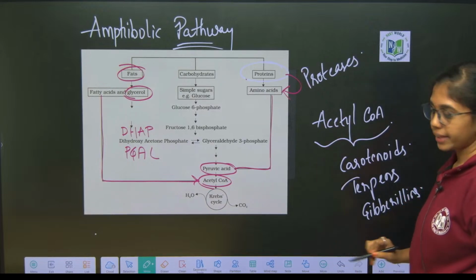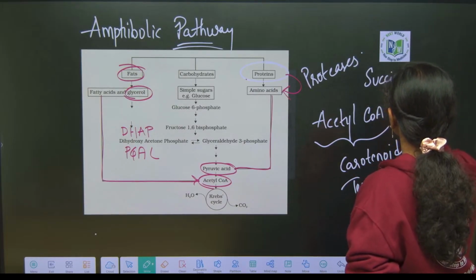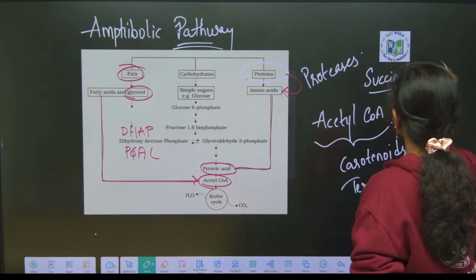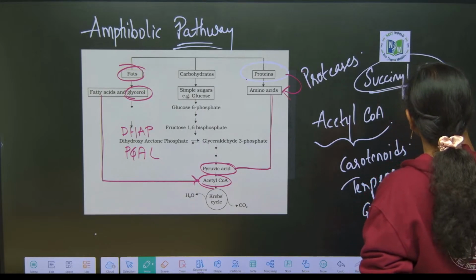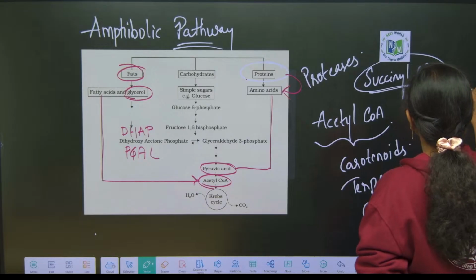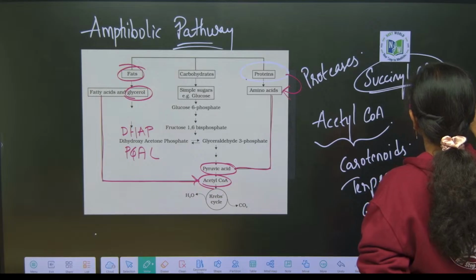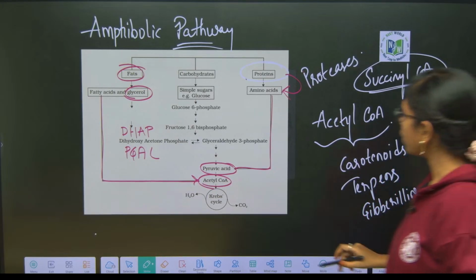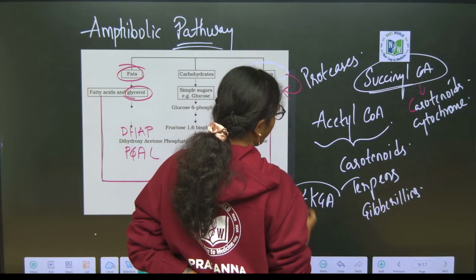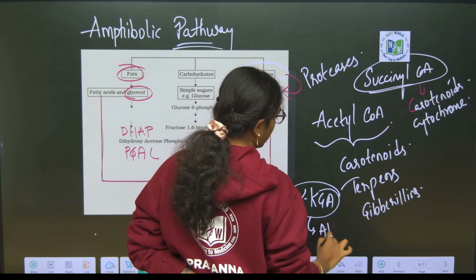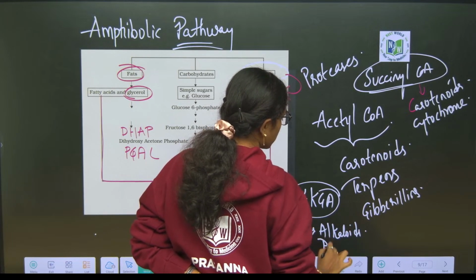Fine, like that. Succinyl-CoA is the raw material for the synthesis of carotenoids and cytochrome. Fine. Alpha ketoglutaric acid is the raw material for the synthesis of alkaloids and pyrimidines.